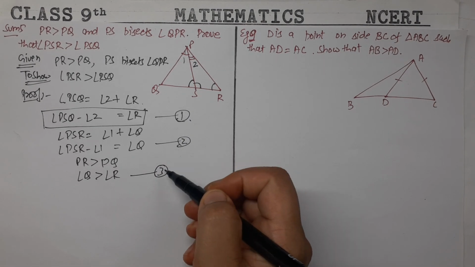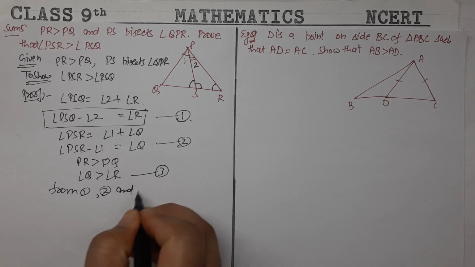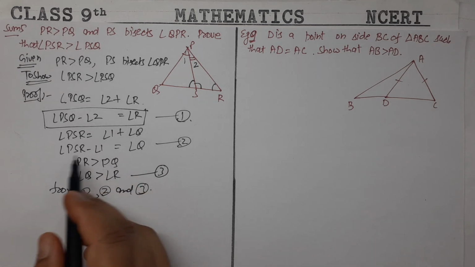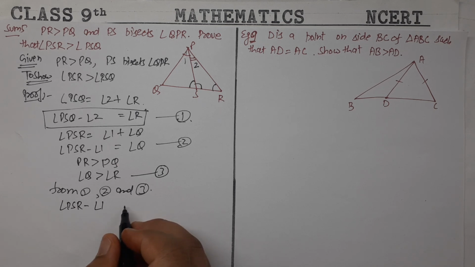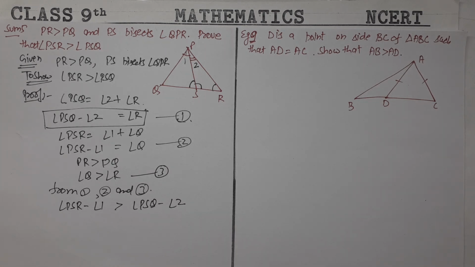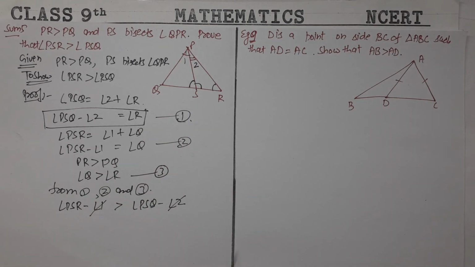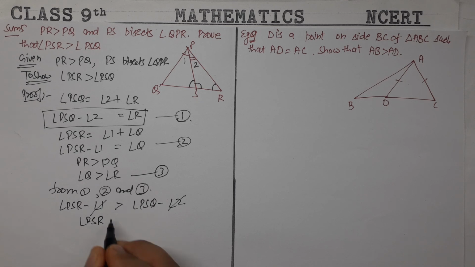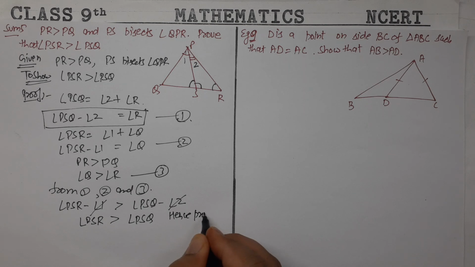From 1, 2 and 3, we have angle PSR minus 1 is greater than PSQ minus angle 2. Cancel 1 from 2 because both are equal, PS is a bisector. So angle PSR is greater than angle PSQ, hence proved.